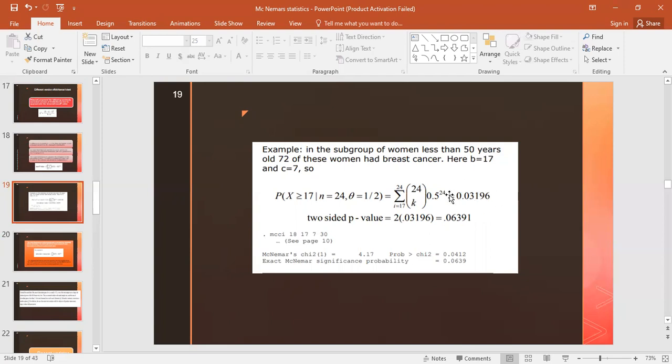If we multiply by 2, the two-sided p-value is 0.06. In this figure our result is the same, 0.06 and 0.06. This value we got from an online calculation, and this we calculated manually.